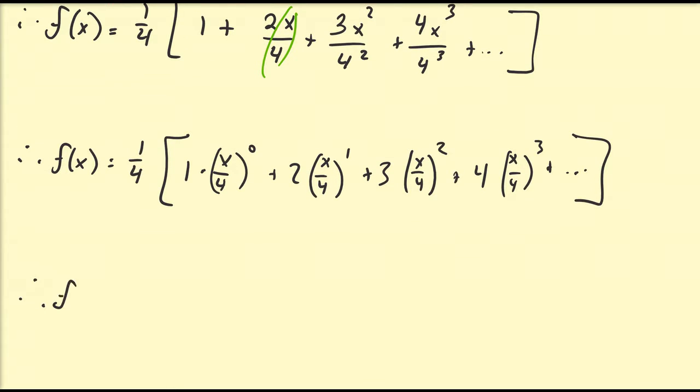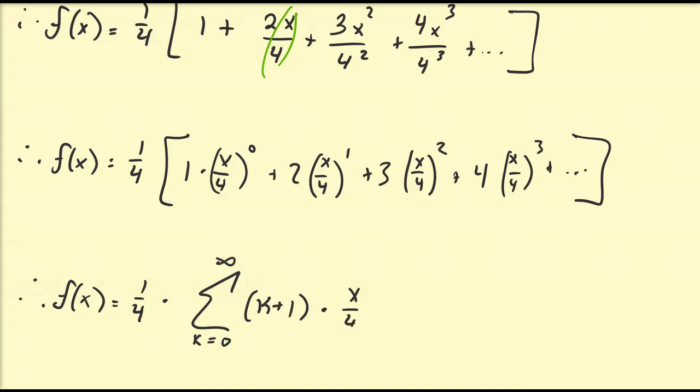So we have that f of x is equal to 1/4, and now we can rewrite this in summation notation as the sum from k equals 0 to infinity. Our leading coefficient is always 1 more than the exponent, so we can write that as k plus 1 times x over 4 raised to the power of k.